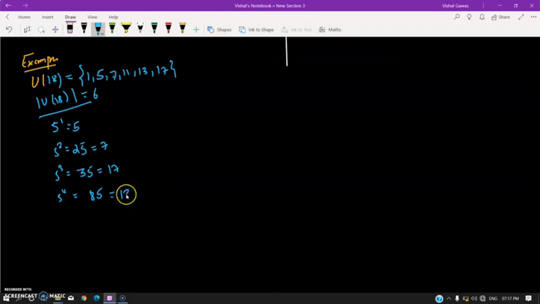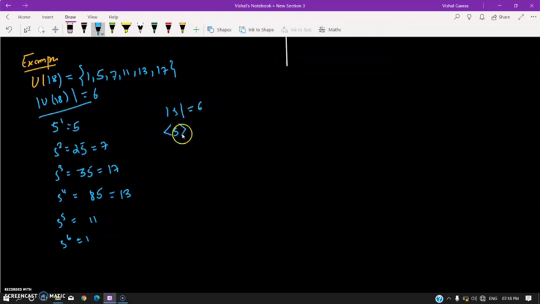Then 5 power 5 obviously has to give me the element which is not here, that's 11. And 5 power 6 will give me 1. You can check: 13 times 5 gives 65, and modulo 18 that gives 11, then 5 power 6 is 1. So the order of 5 is 6.